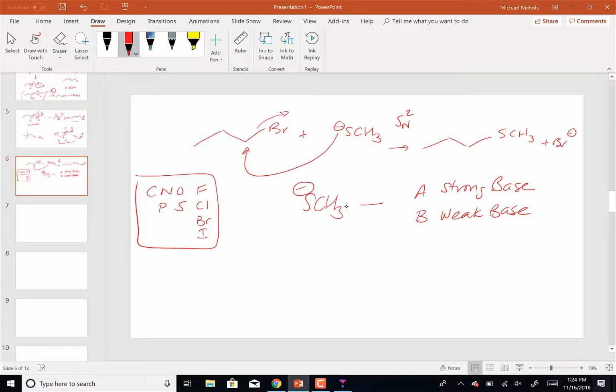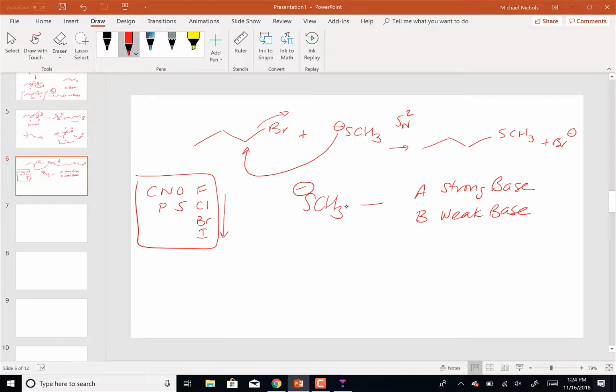Okay, this is a weak base. Why? Because when I think of basicity, I think of the trend like it gets stronger as you go down. Does basicity get stronger as we go down the periodic table?